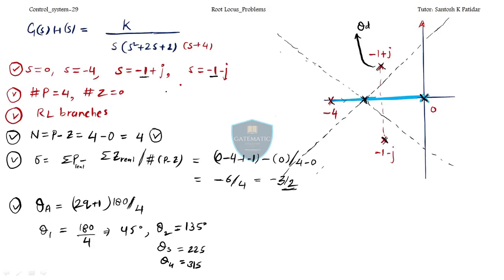The breakpoint approach is that you have to form the characteristic equation. So 1 plus G(s)H(s), that is given as k over s(s plus 4)(s squared plus 2s plus 2), equals 0. You keep k on one side and everything else on the other side.